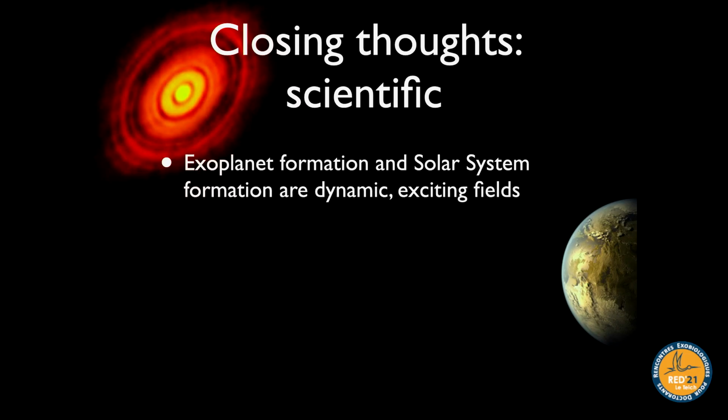And I have a couple of closing thoughts just to give you, because I wrote these. A couple of things to keep in mind as we go. First, exoplanet formation and solar system formation are cool, exciting fields, so I encourage you to jump in there.